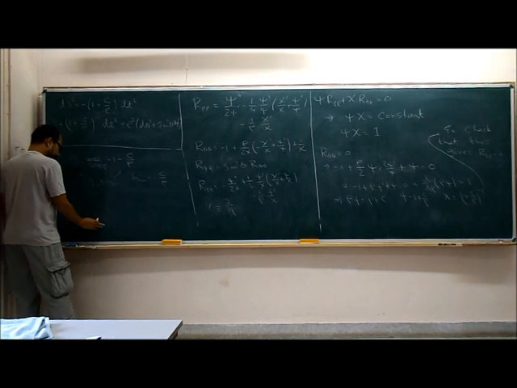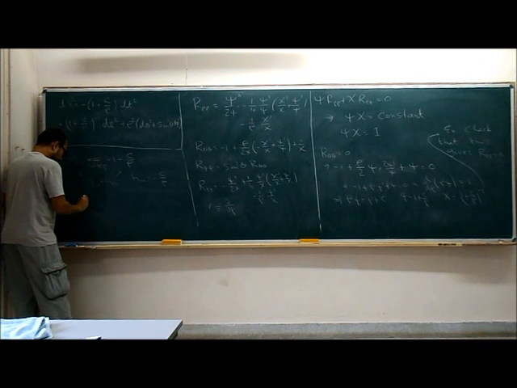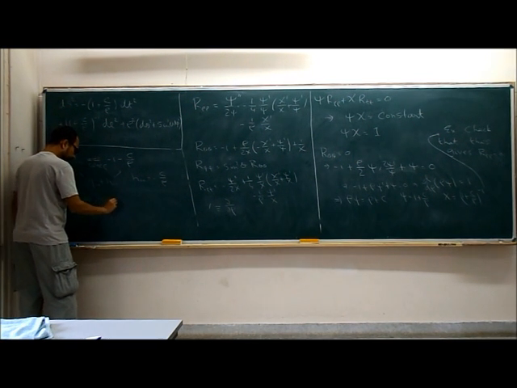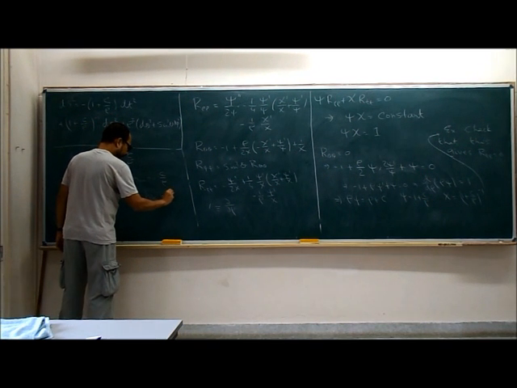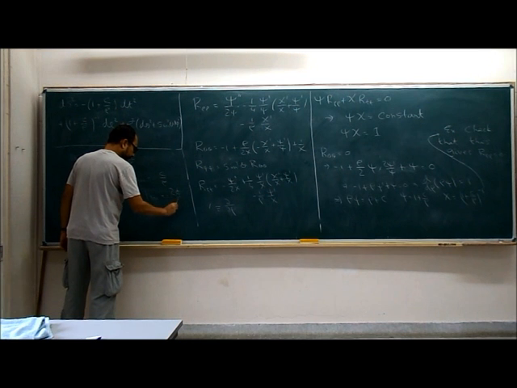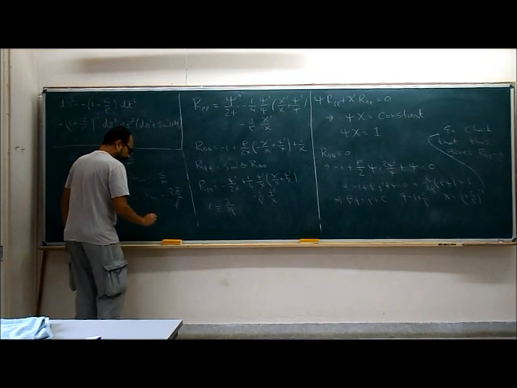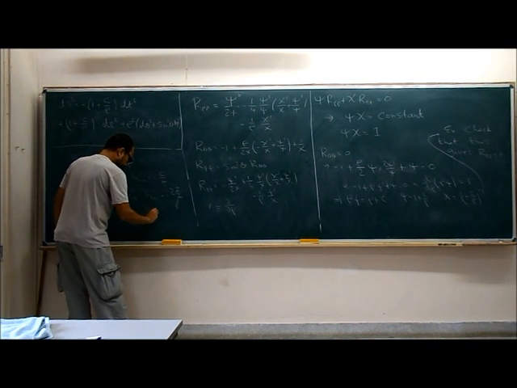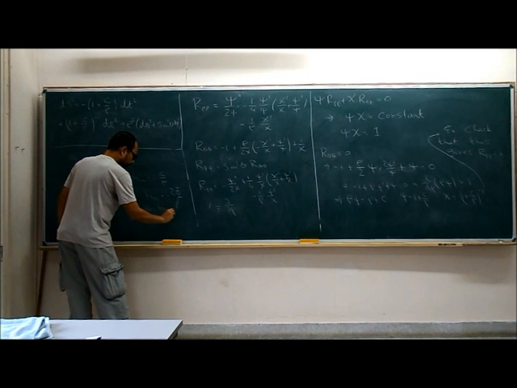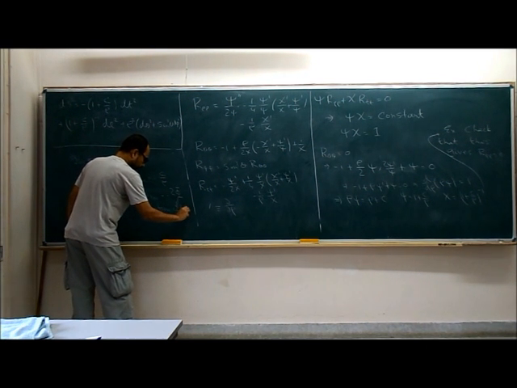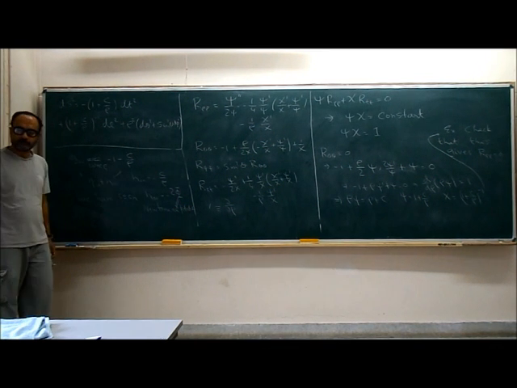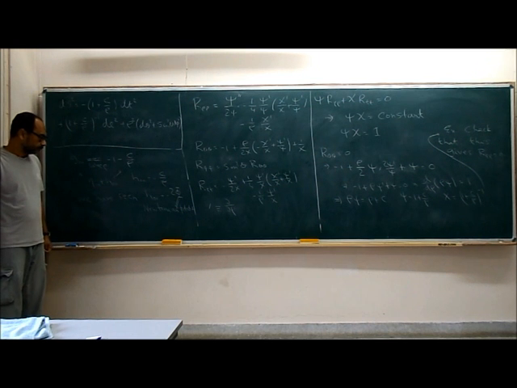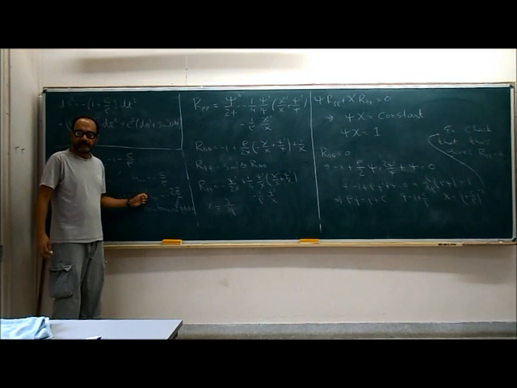On the other hand, we have seen that H naught naught can be identified as minus 2 phi. This phi is yet a different phi; this is the Newtonian potential. This is when you compare general relativity with Newton's gravity.